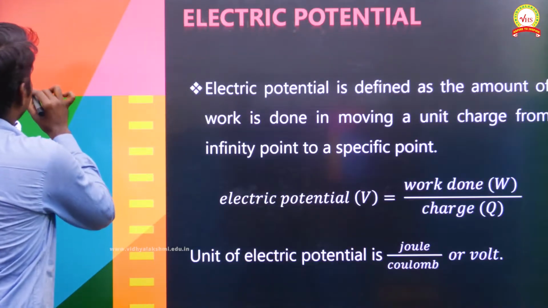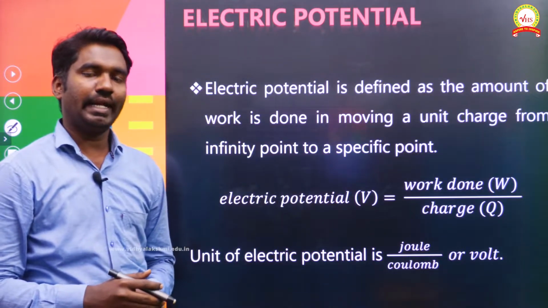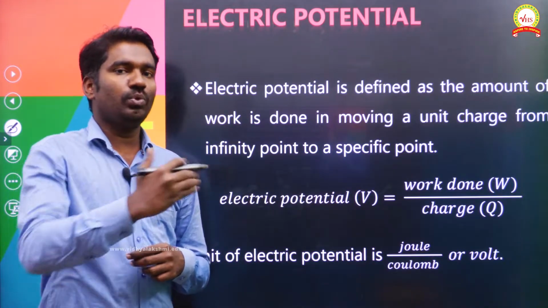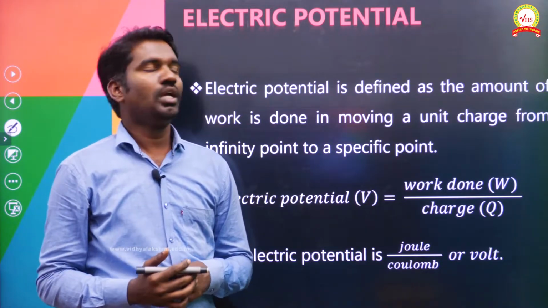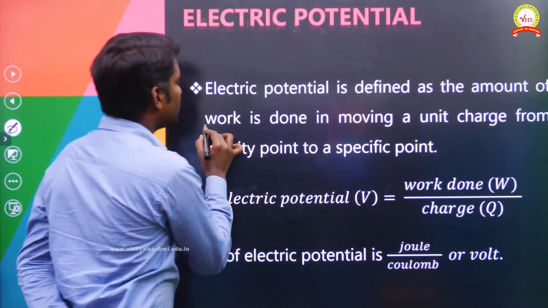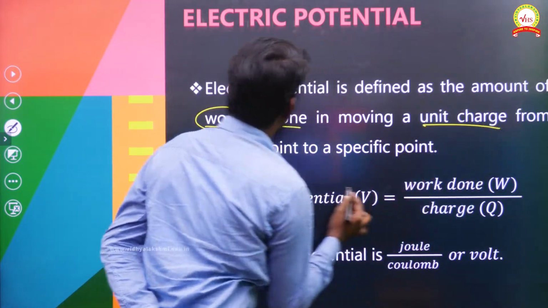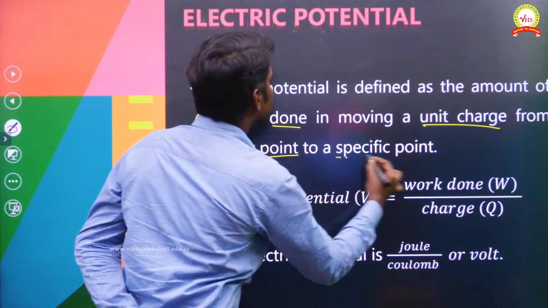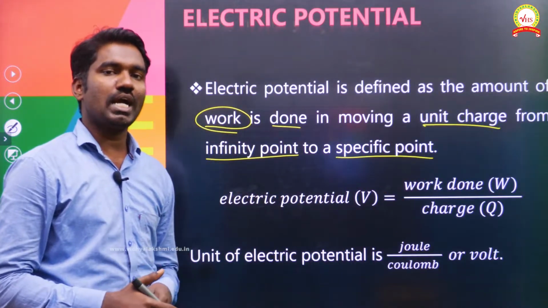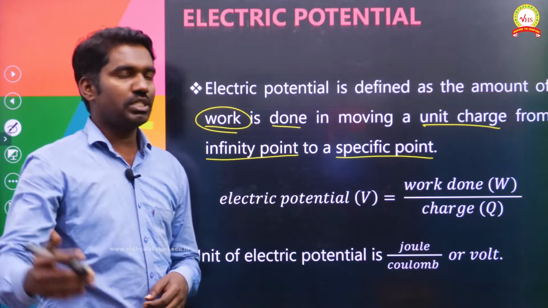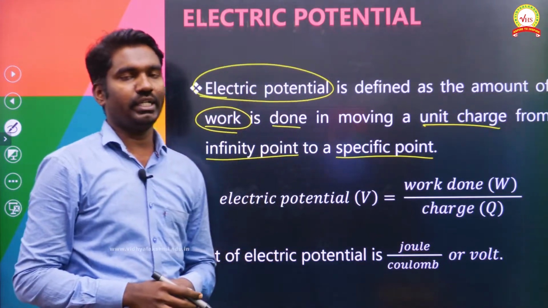So the next thing is electric potential. What is the meaning of the word electric potential? We are going to move a charge. For moving the charge we need to do a certain amount of work. So the amount of work done in order to move a charge from an infinity point to a specific point is called the electric potential.